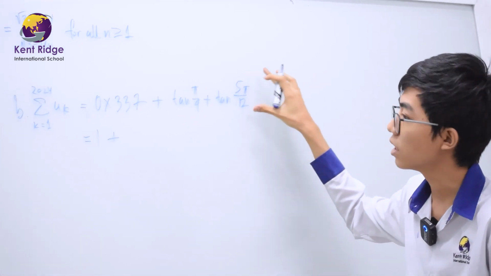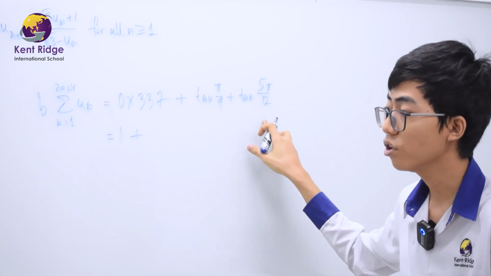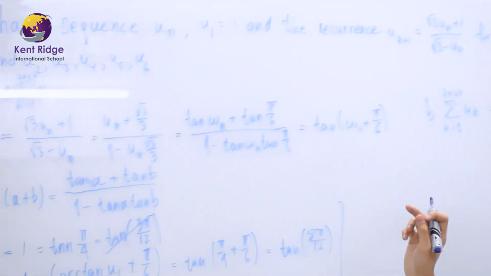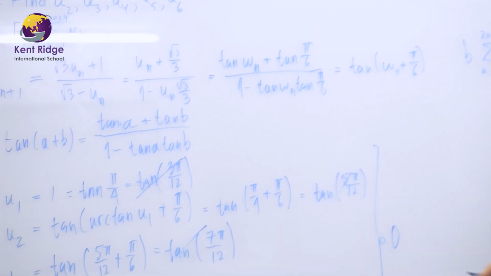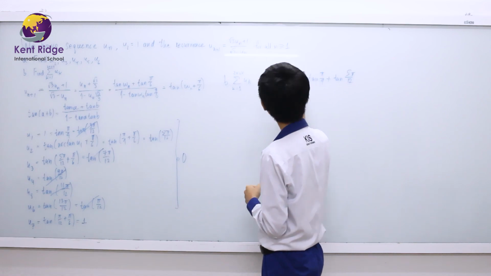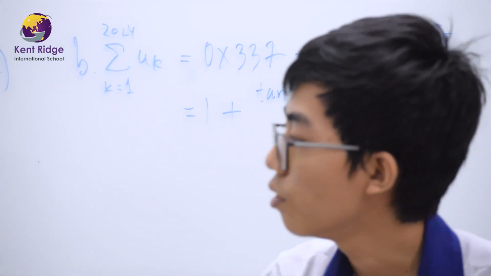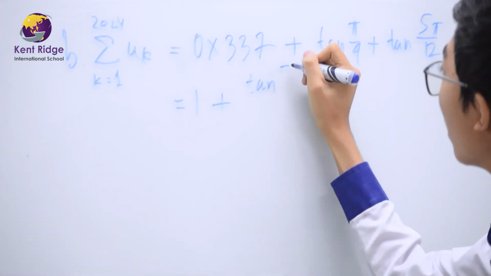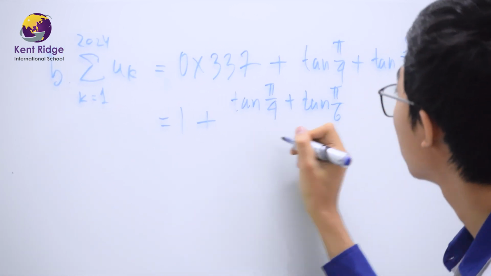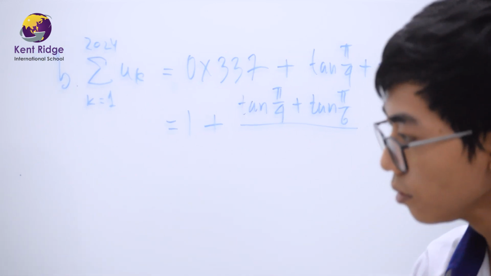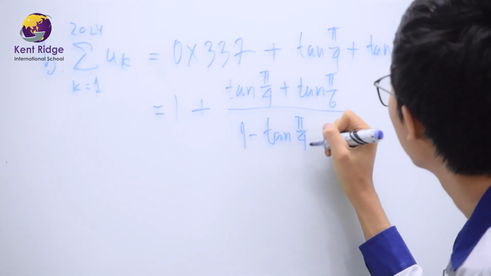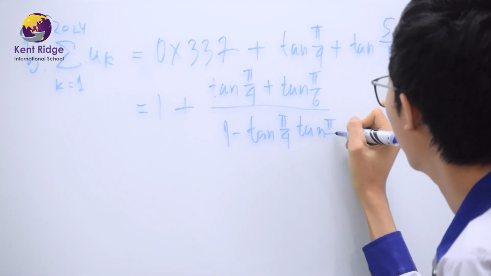This is going to be hard to figure out, but if you look at it again, you realize you can actually revert it to the same form as this because we have these 2. So what we're going to do is have this equal to tan. You can break that down to this, right? So we have this plus tan pi over 6 over 1 minus tan pi over 4 tan pi over 6.